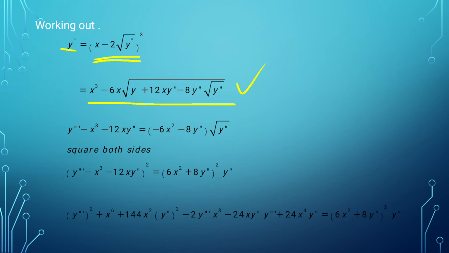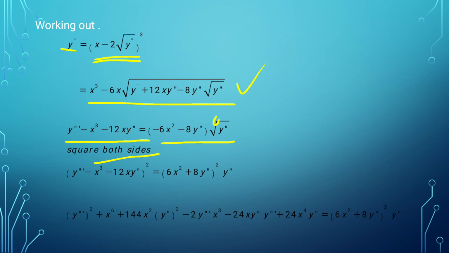Collecting like terms together and putting them on either side, the term with the root of the second derivative goes to the left side. So you have that, and you can see the other one is left here. Next, I want to remove the square root here, so I square both sides.